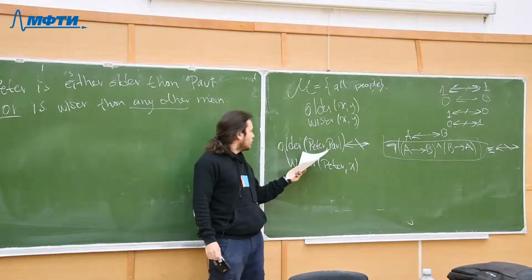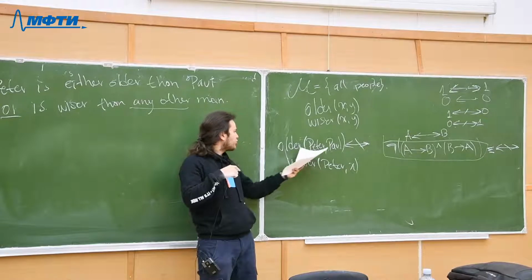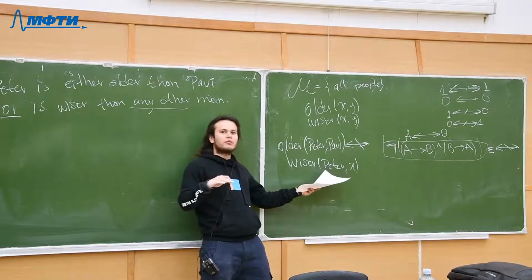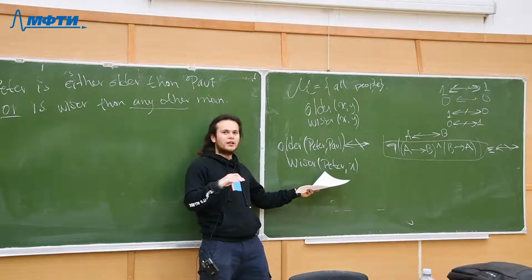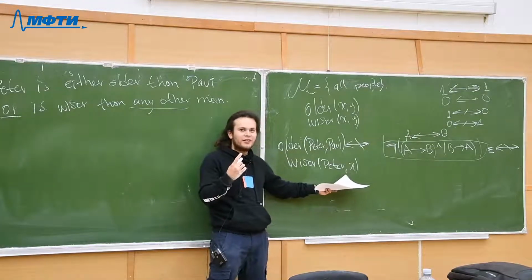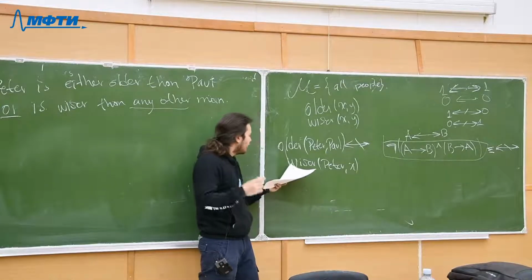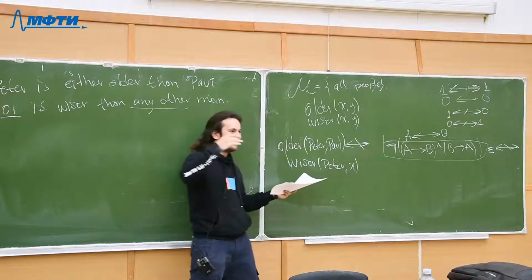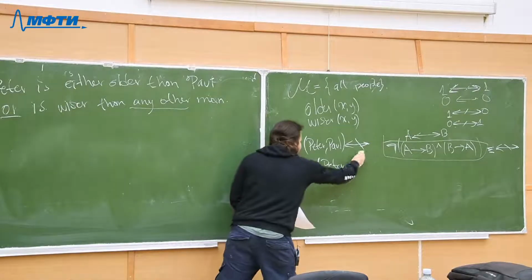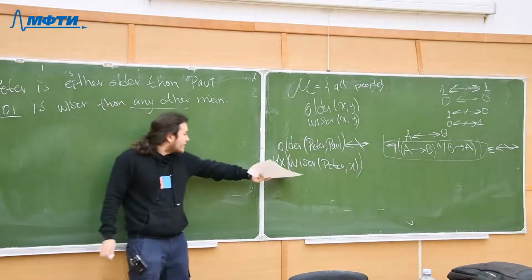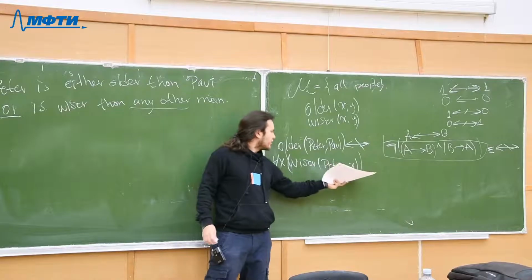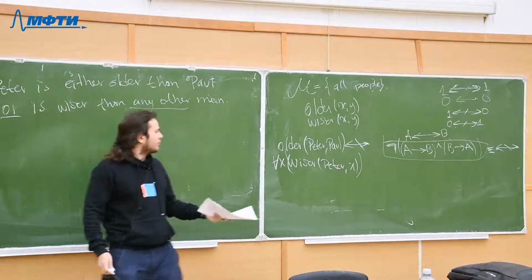So either Peter is older than Paul, or Peter is wiser than all the other men. So what do we need to add here to say that all the other men? So the X is just one man. So let's write that Peter is wiser than all the possible X. So for all X in here, so for all the men, all the people, Peter is wiser than them, okay? And that's it.